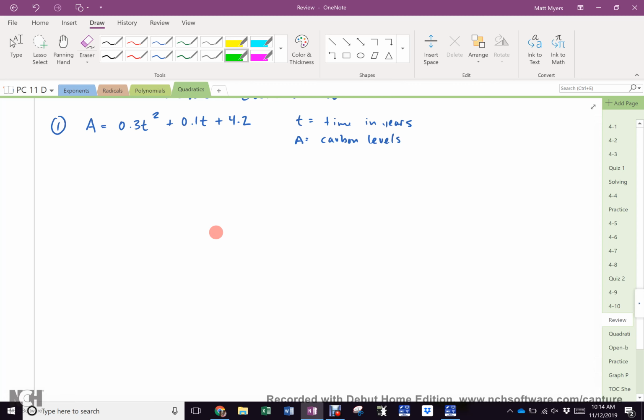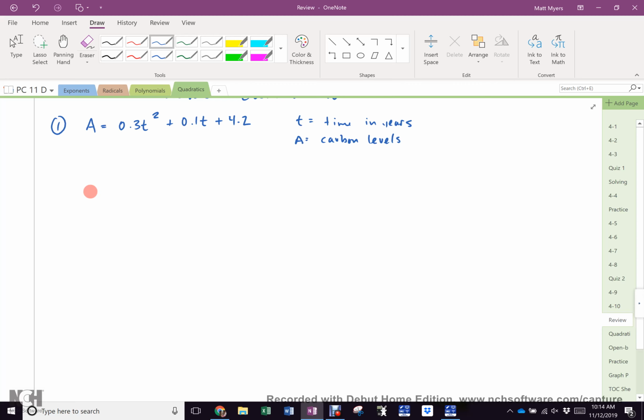Okay. So I'm going to tell you this. I'm going to say when carbon levels in the atmosphere reach a level of 20, we need to change our emissions. So how would we do that question?